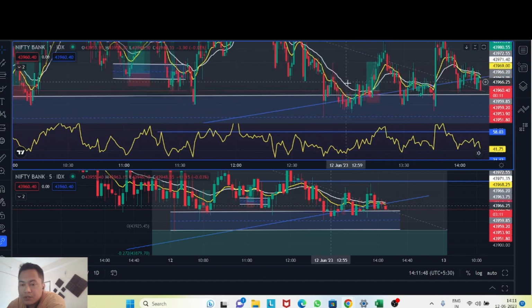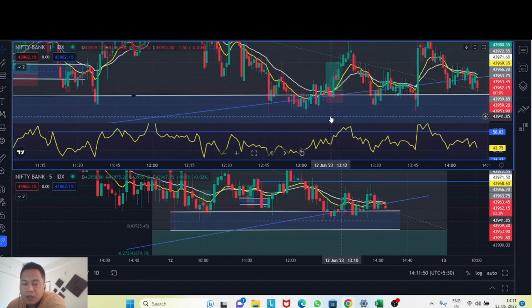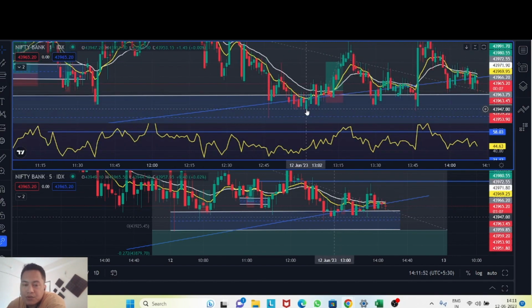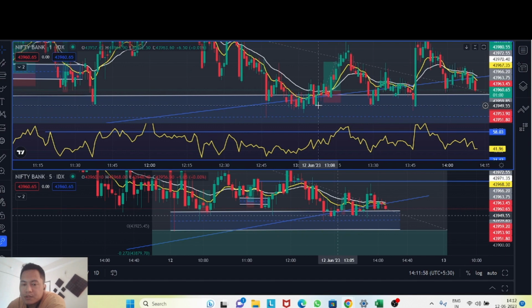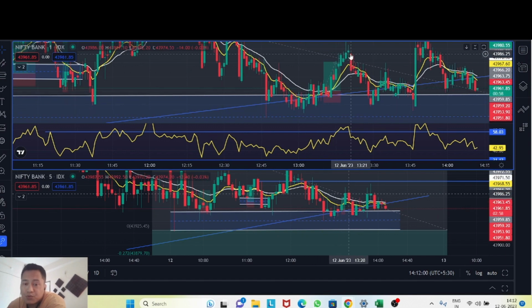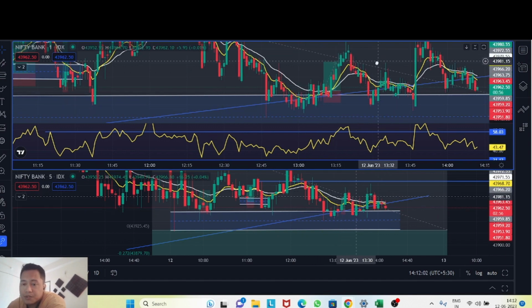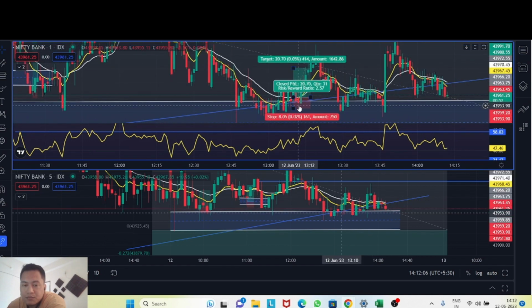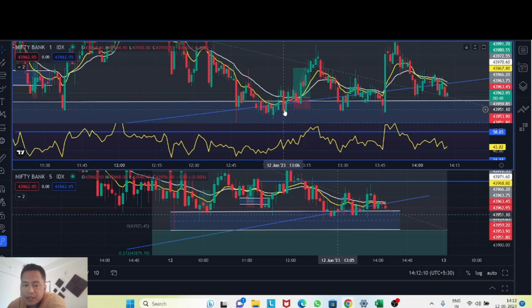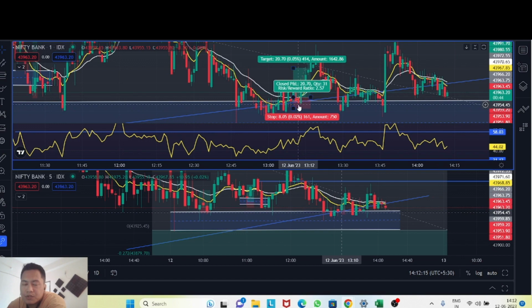and my last trade was here. I saw that it entered my zone and it bounced back and it came down. So the momentum was shifting toward the upper side. However, as you can see, there is a green candle, red candle, so the premium does not increase a lot.